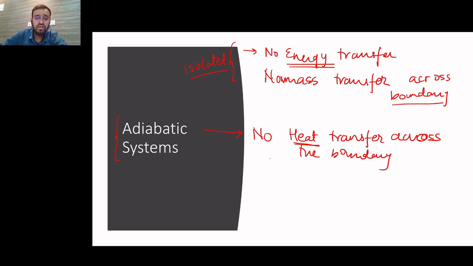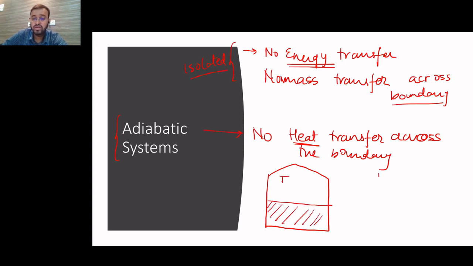For example, in the case of isolated systems, I talked about a thermoflask. Say this is a thermoflask, and here you have some liquid kept at a very high temperature T. Say the temperature is 1000 degrees Celsius, and you want to maintain this at 1000 degrees Celsius.